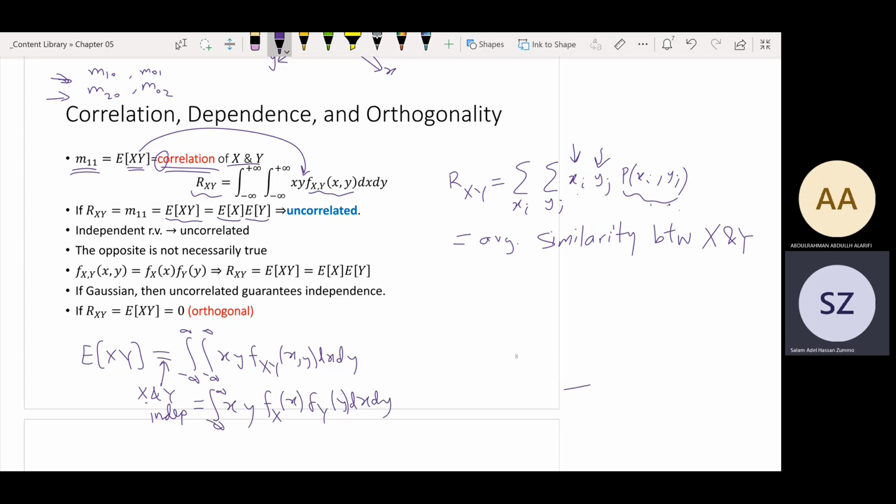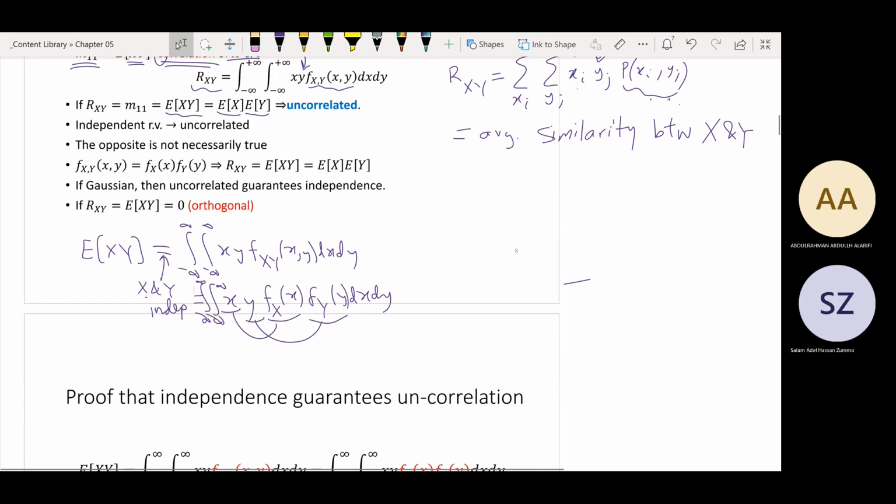Now you can see that you can decouple these for one and those for the other. Simply there is no relationship. You have a double integral. How about x, f of x alone, y, dy alone? So basically I can separate the integrals.